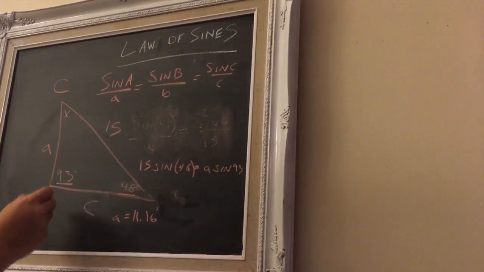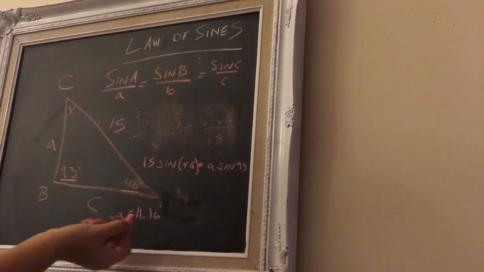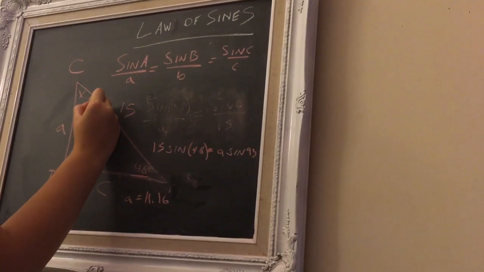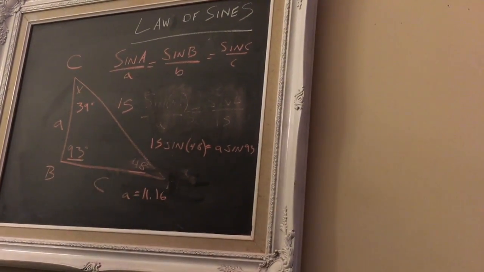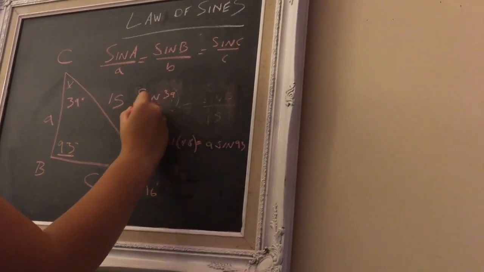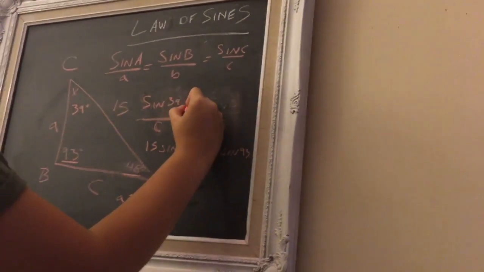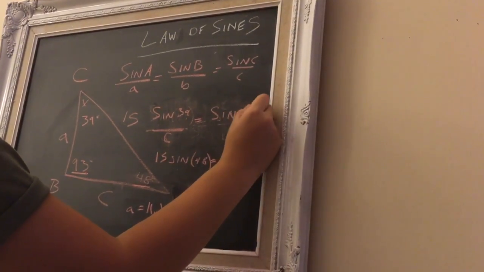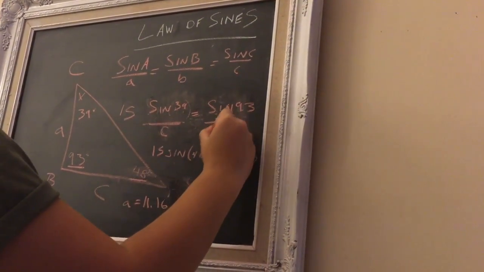11.16. As you know that all the angles added up in a triangle equal 180 degrees, you can determine that x is equal to 39 degrees. Once you have that, you can do sine 39 over c is equal to sine of 93 over 15.